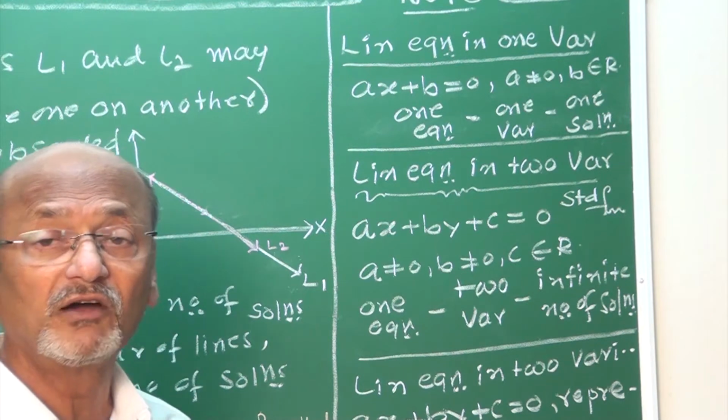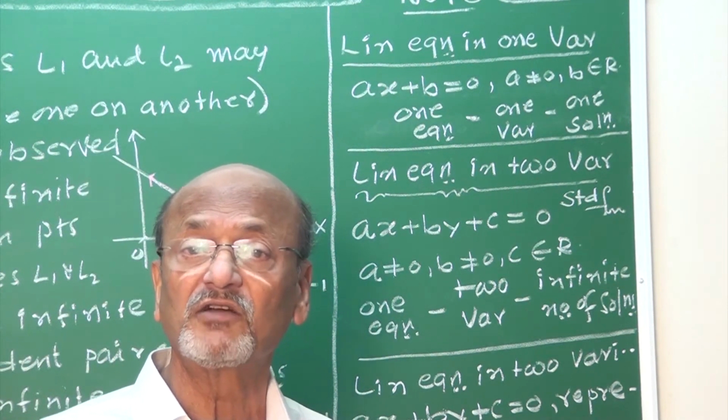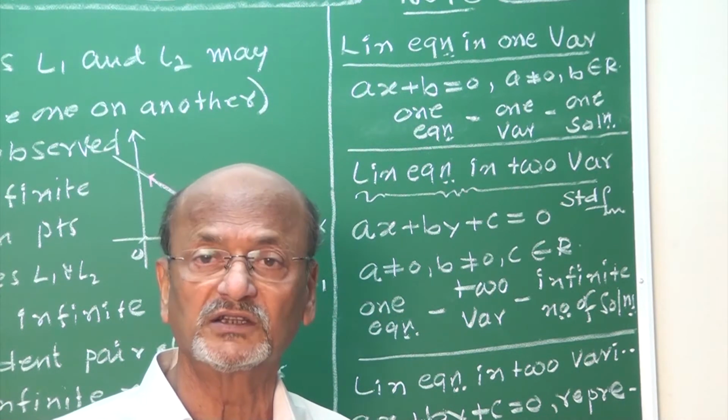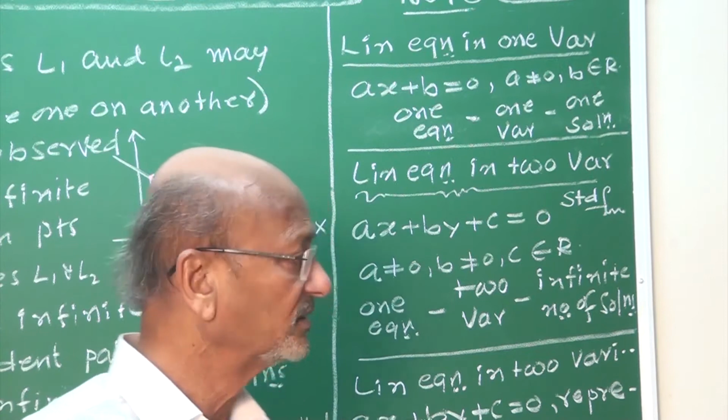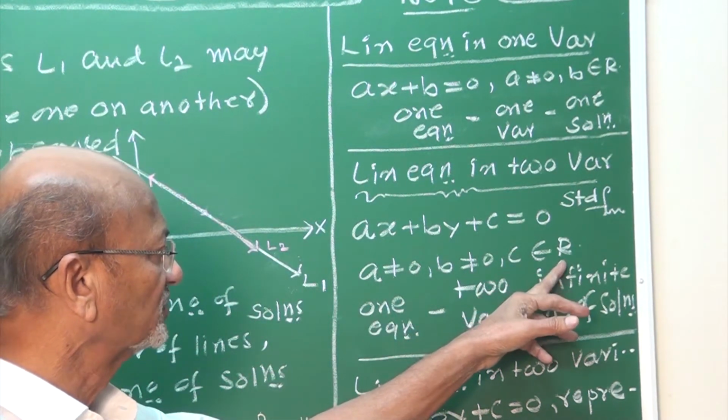A and b should never be simultaneously 0. Everything I explained in the previous video. Just refer to it. Yes, my friends. Comma, c are real numbers.